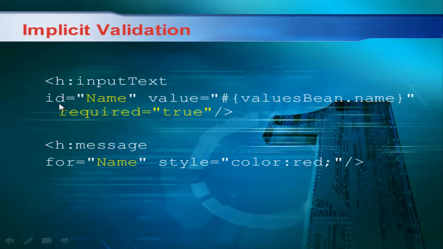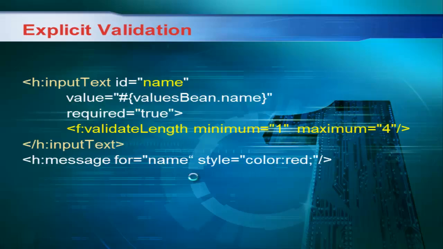You give an ID to the input text box, and if you want to display the error message corresponding to this input text box, you use h message for the ID. If you have any other controls also, you can just give a name to the control and then use it. Whenever there is an error corresponding to that component, it will automatically show it to you.